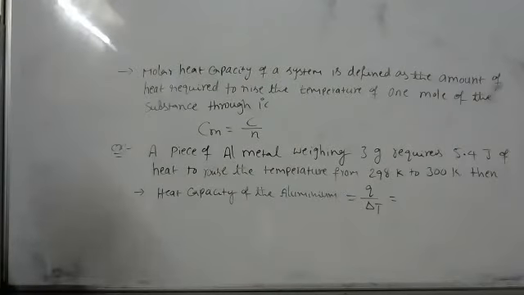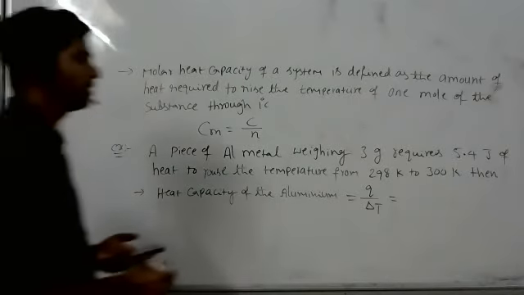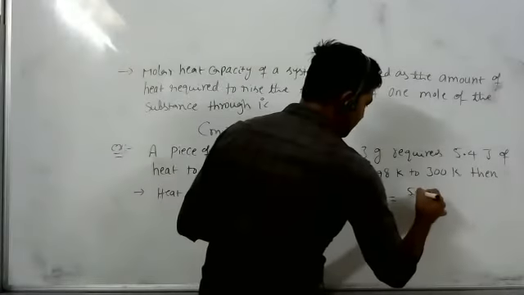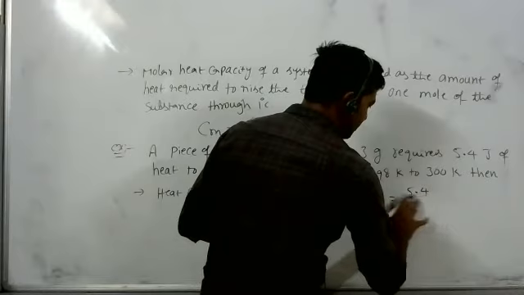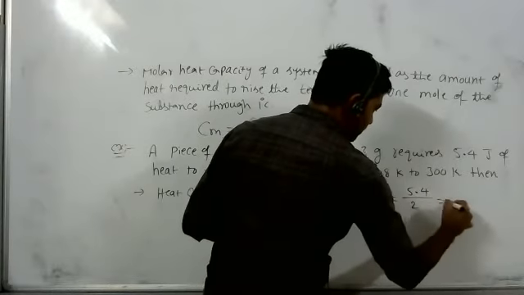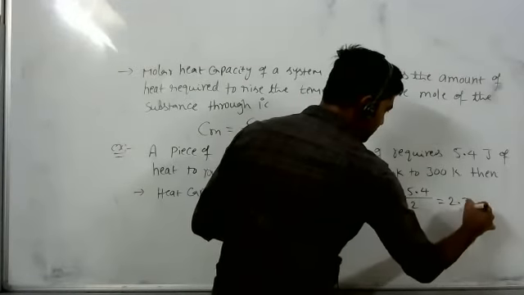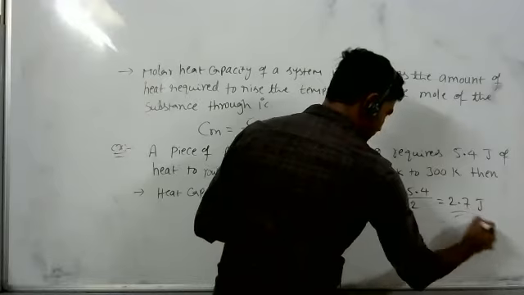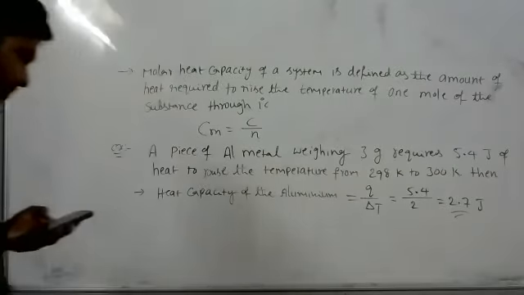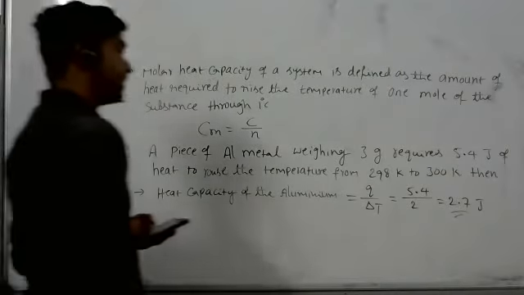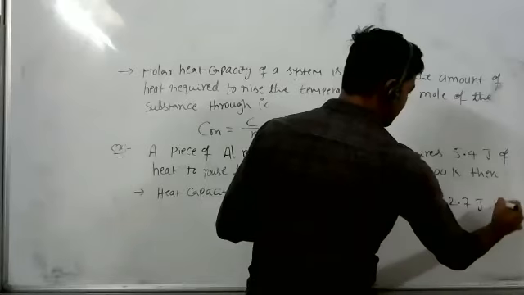The temperature difference is 2 kelvins. 5.4 divided by 2 gives 2.7 joules. This is the heat capacity, in joule Kelvin inverse.